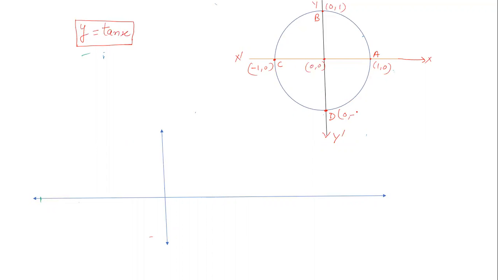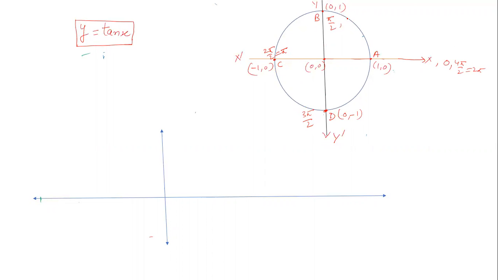If I take the angles in radians, at this line the angle would be 0, this angle is pi by 2, this is 2 pi by 2, that is pi, this angle again is 3 pi by 2, and this would be 4 pi by 2, that is 2 pi.